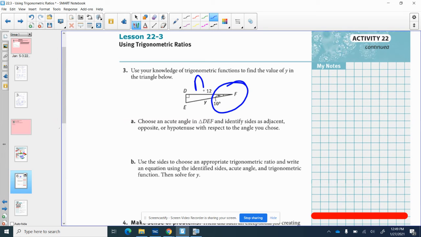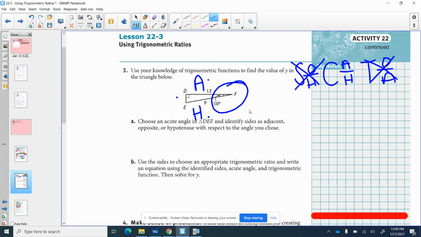So this time we have the adjacent side and the hypotenuse. We don't know anything about the opposite side, and we're not looking to solve for it like we are on the hypotenuse. So if we look at SOHCAHTOA, the best one for us to use here is going to be the one that involves the adjacent side and the hypotenuse, so our cosine.